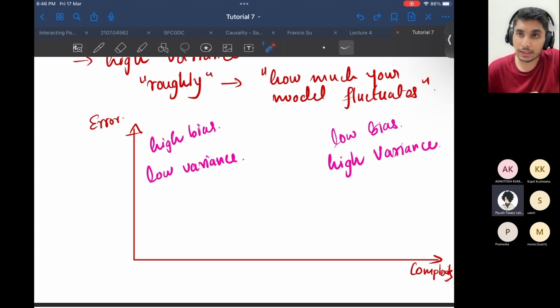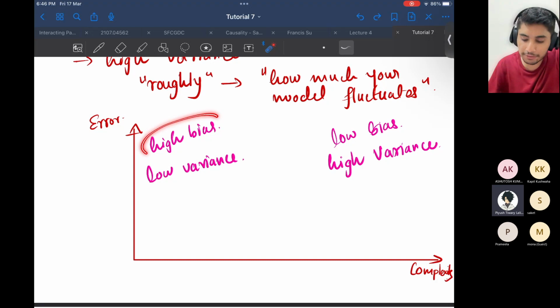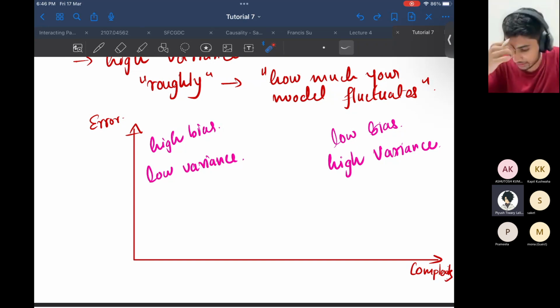But if you think of it from a complexity point of view, if a model has low complexity, it is a simple model, right? A simple model would definitely have high bias, depending on the data, of course. If I actually change the data, I can show you that.